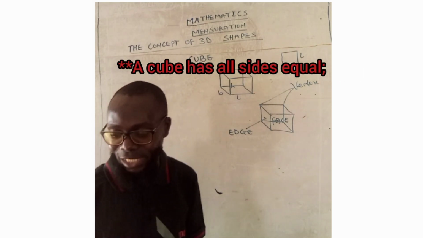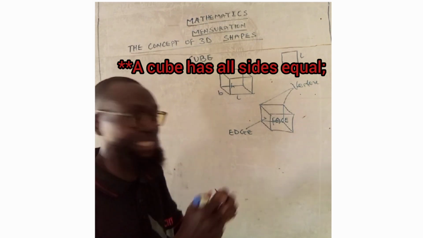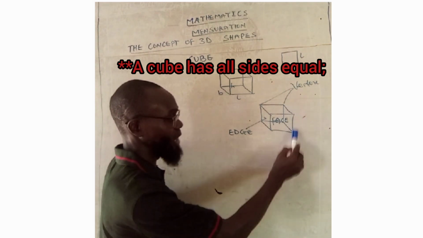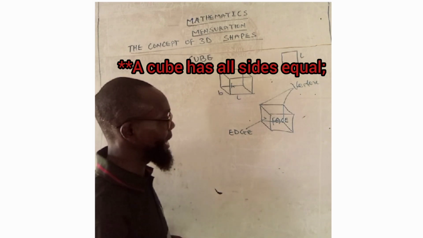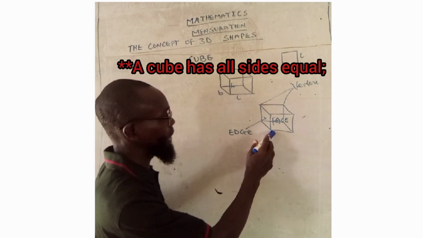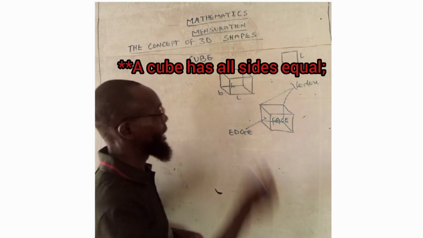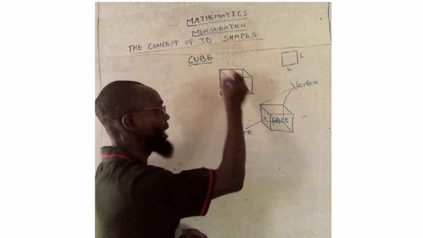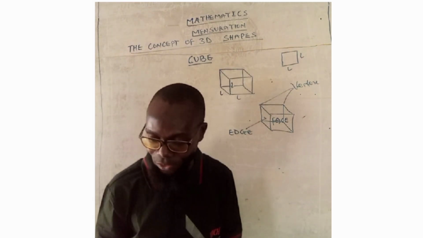Secondly, the faces or sides of a cube are all equal. The length of this is equal to the length here, equal to the length here. Since they are all equal, a cube will not have the base and the height. Instead, everything will be changed to length and length because they have all equal dimensions.